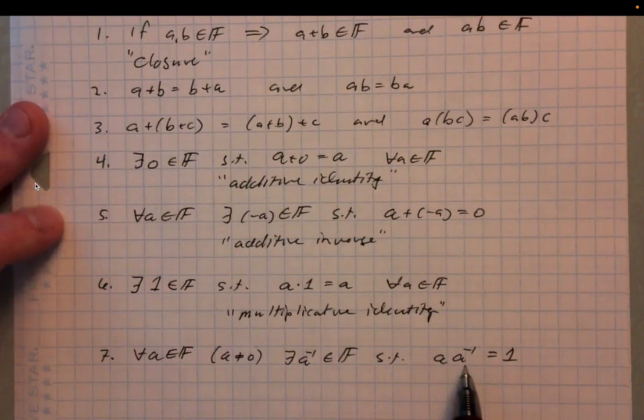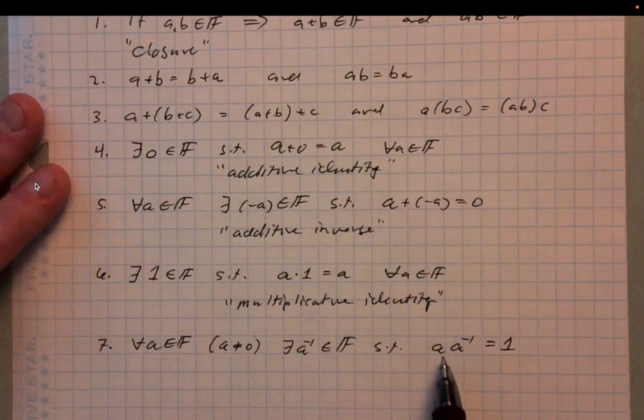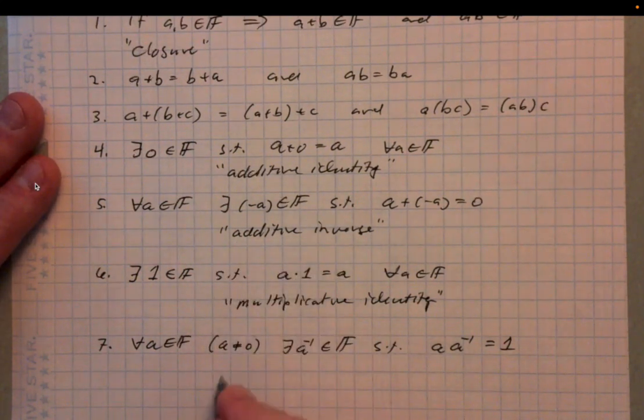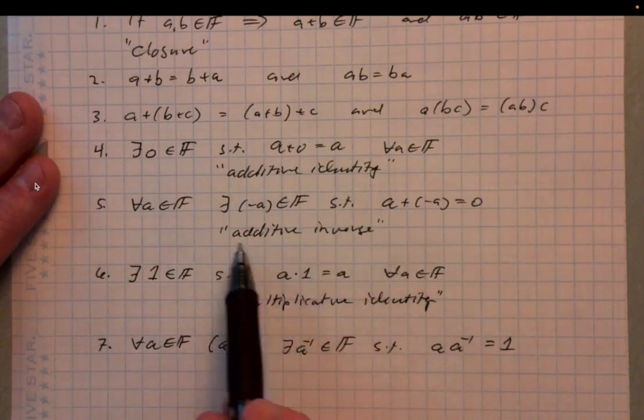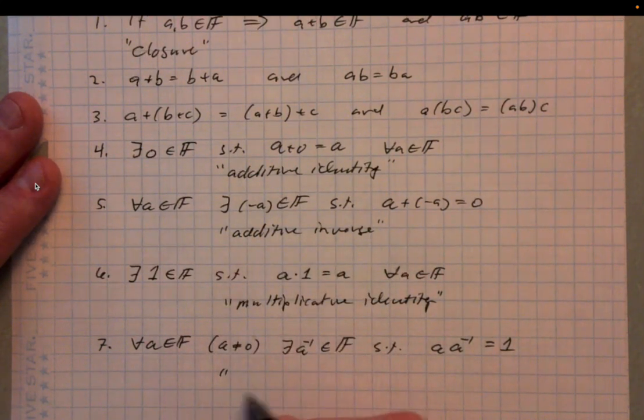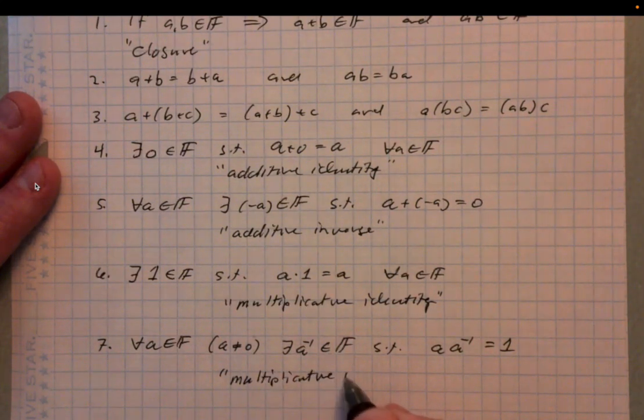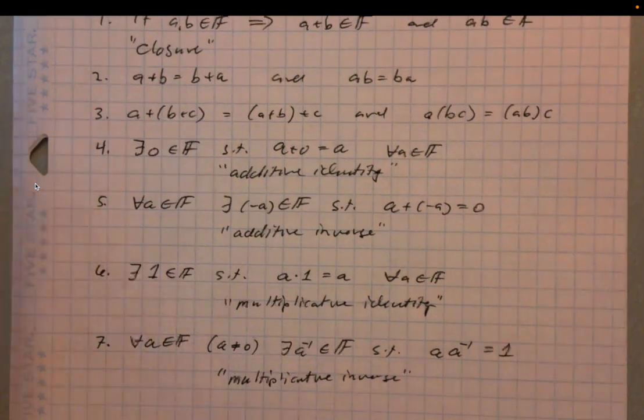Don't get too hung up on this idea. But this is really analogous to the additive inverse. These are the multiplicative inverses. For example, the number 10 in the rational numbers, 10 over 1, would have a multiplicative inverse of 1 over 10. I multiply those two together, I get 1. And those are called the multiplicative inverses.